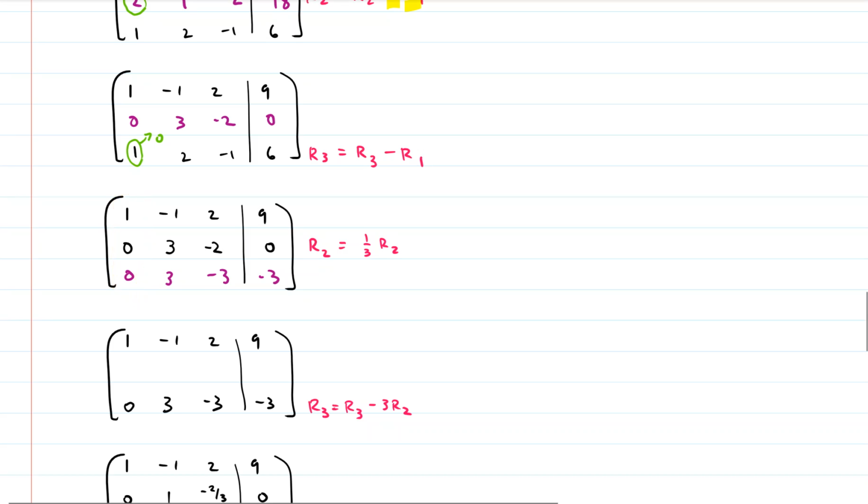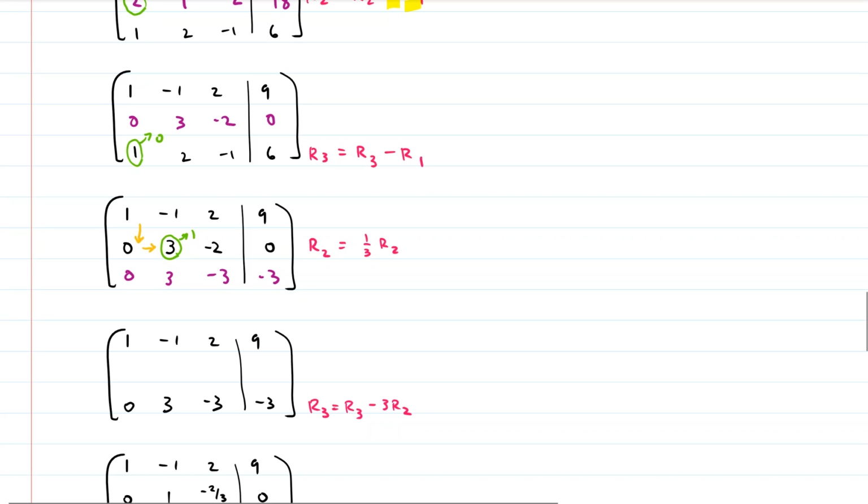We have a 1 on the main diagonal and 0s all below it. So now we move down one spot, and we move to the right one, and we start again. So we're at the diagonal, so this needs to become a 1, and everything below it needs to become 0. So let's start with the 1 here.